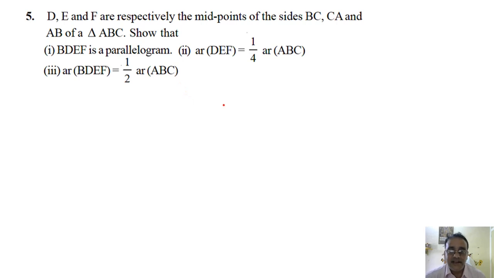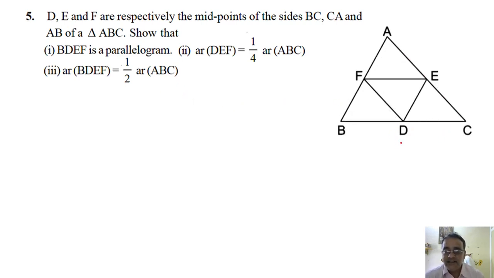Okay, so पहले एक diagram बना लेते हैं. We will draw the diagram and mark D as the midpoint of BC, E as the midpoint of AC and F as the midpoint of AB. Now DEF एक triangle मिल रहा है. So what we have to prove in the first bit is that this is a parallelogram.